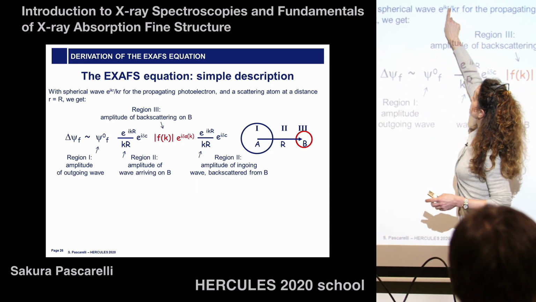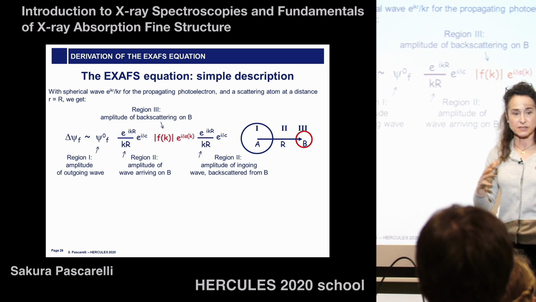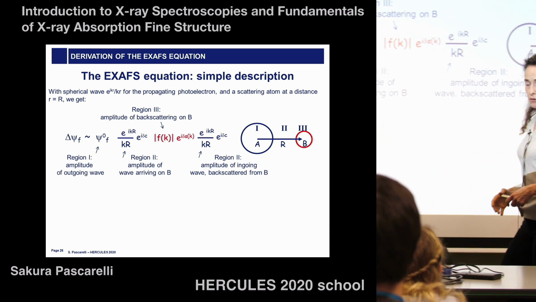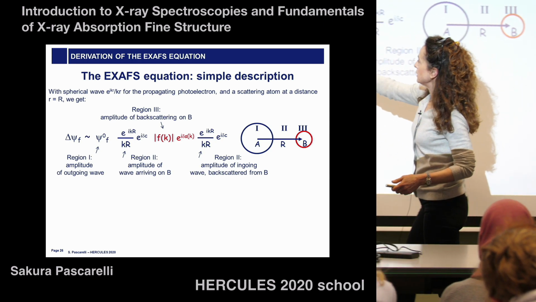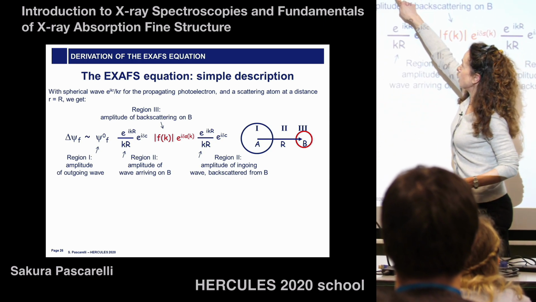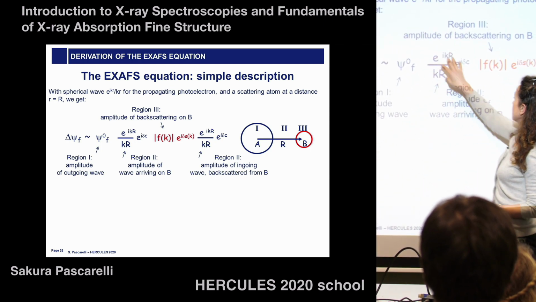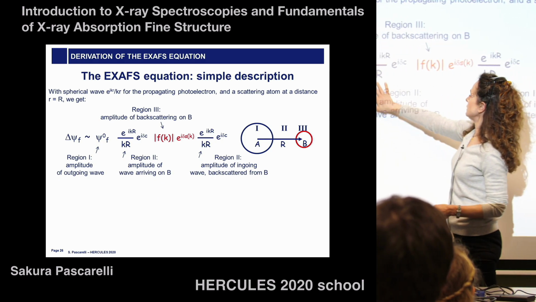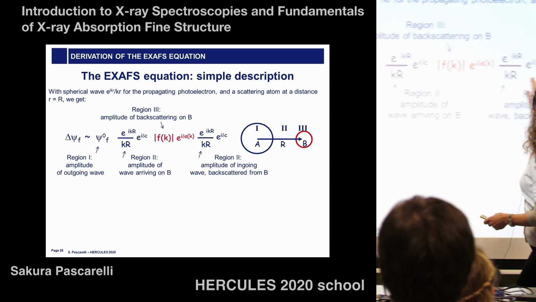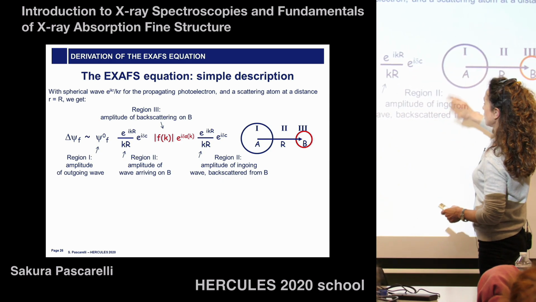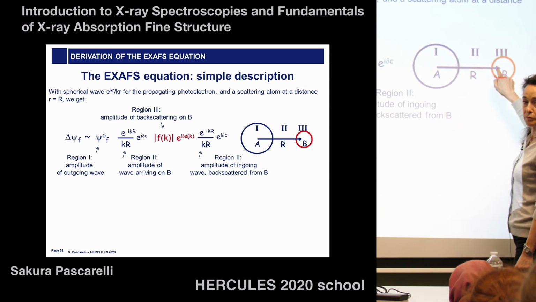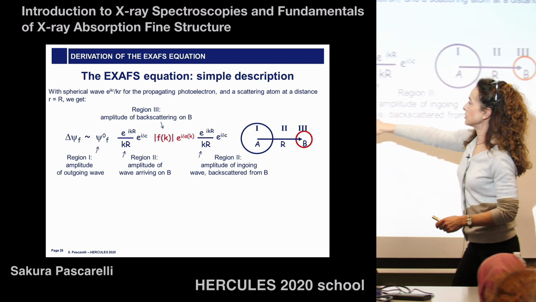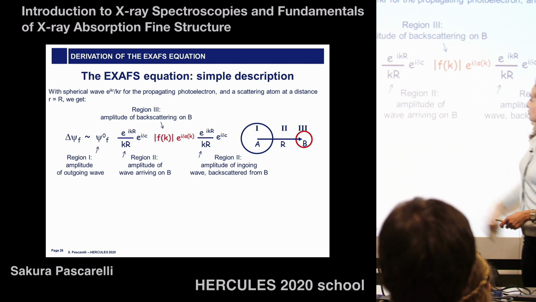It has a phase, and it has an amplitude which decreases as you go far away. So we write it here, and we put here, instead of little r, big R, because we want to calculate it at the border right here, when it arrives on B. So we put little r equal to big R.